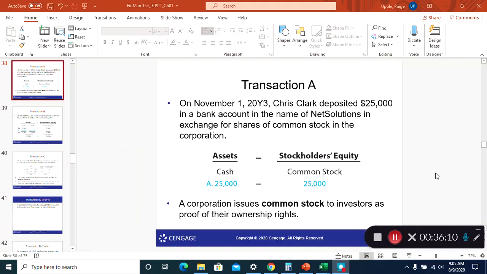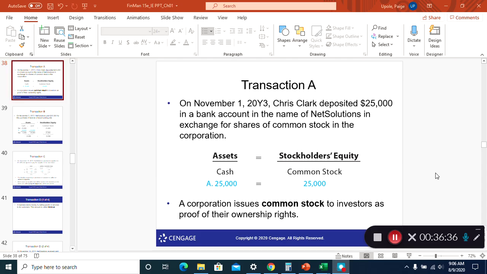Okay, so the first transaction we're going to walk through is transaction A. It says, on November 1st, Chris Clark deposited $25,000 in a bank account in the name of Net Solutions in exchange for shares of common stock in the corporation. When we walk through a transaction, we want to pick out our accounts. So the first account that we're identifying here is assets, cash.